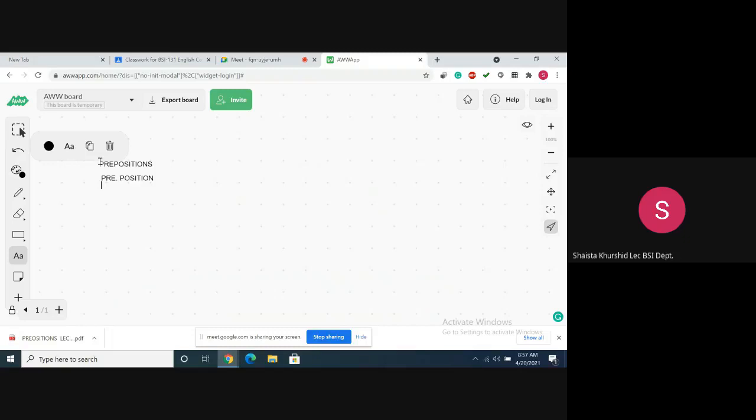Okay? So if there is no object in the sentence, we cannot say that word is working as a preposition. Then it would be something else. Though the shape would be like the preposition, it would be working like an adverb.